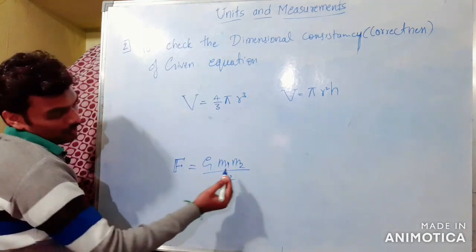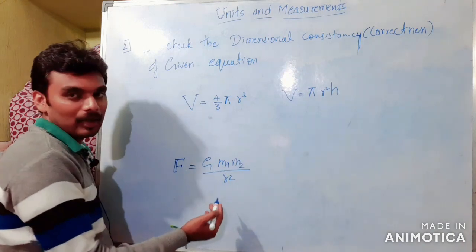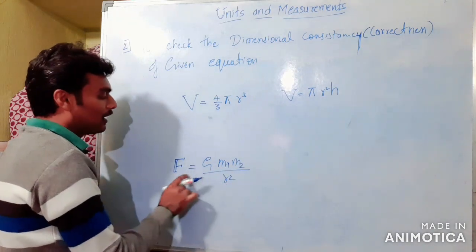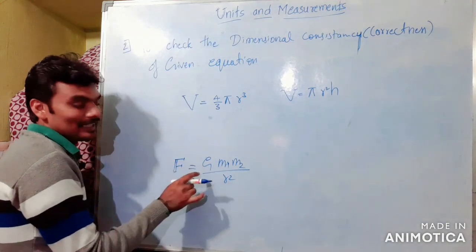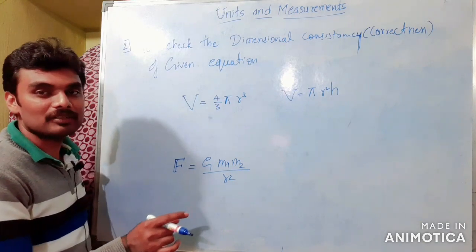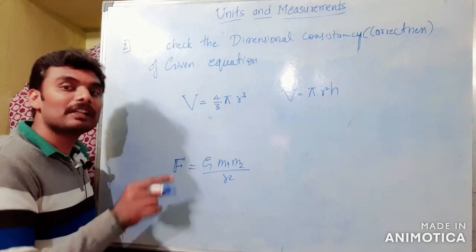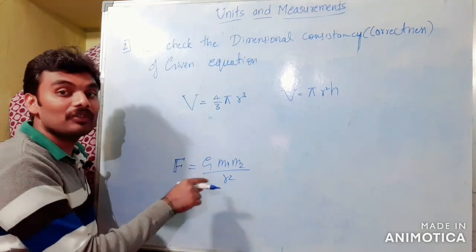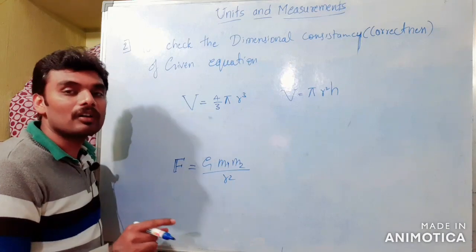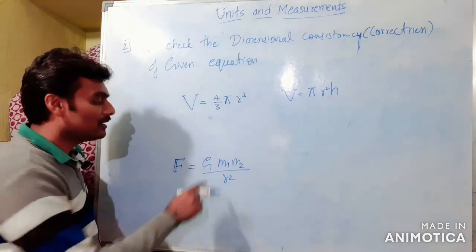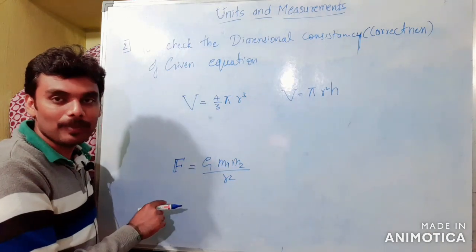In this expression you can see m1, m2, r, all of these quantities have their dimensions, mass and length. Even force has its dimensions. But when you check G, what is G? G is the universal gravitational constant, isn't it? Here G is not a dimensionless constant, it is a constant with dimension. So if you are asked to write an example for a constant with dimension, then the universal gravitational constant G is the example. Clear with this?